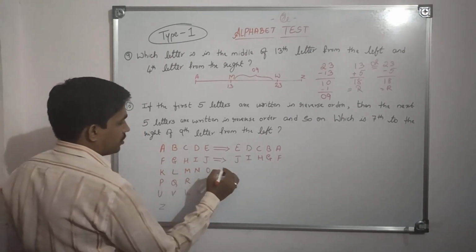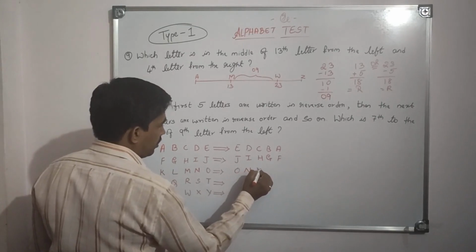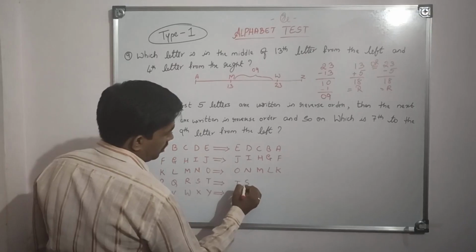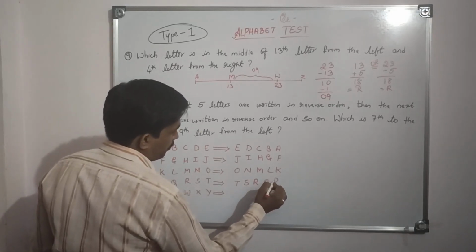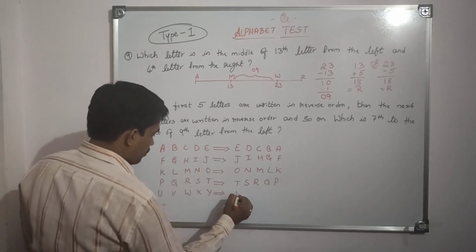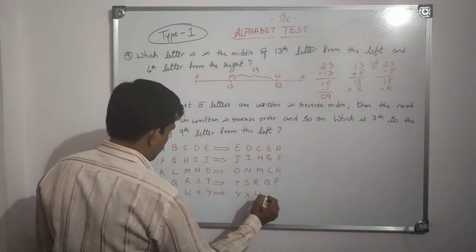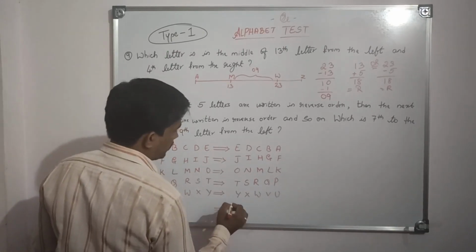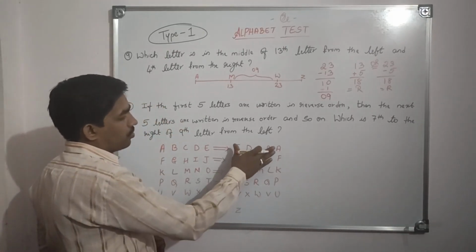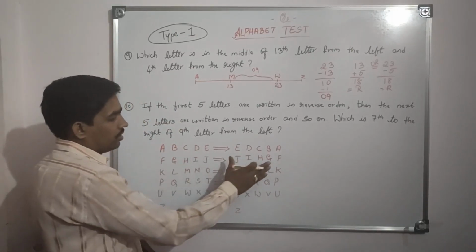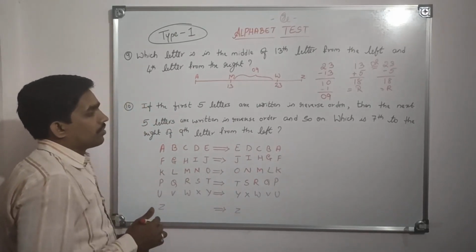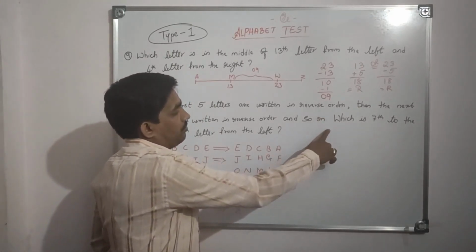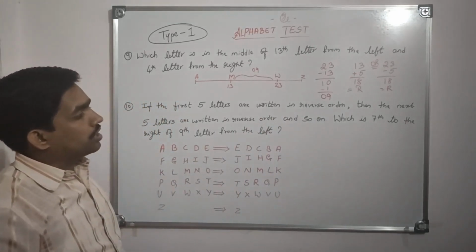So we write these in reverse order: O N M L K, then T S R Q P, then Y X W V U, and this Z as it is. Now we only consider this part. What is our question now?